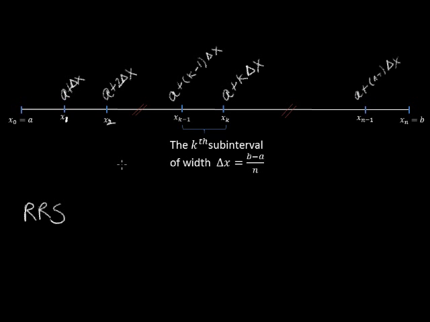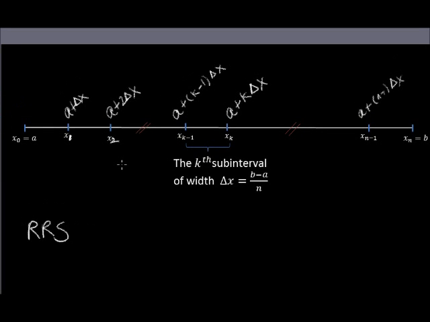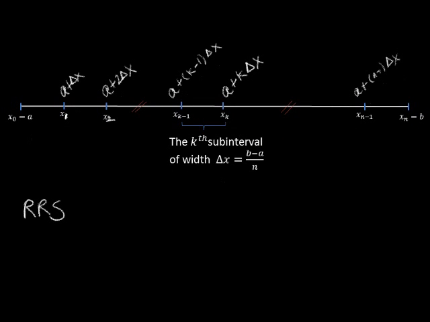So let's see. If we're choosing right endpoints, our Riemann sum will be the sum from k equals 1 to n, and all I have to do is express f of c sub k on the kth subinterval times delta x.